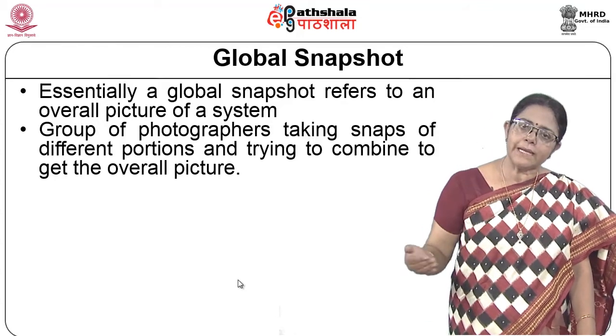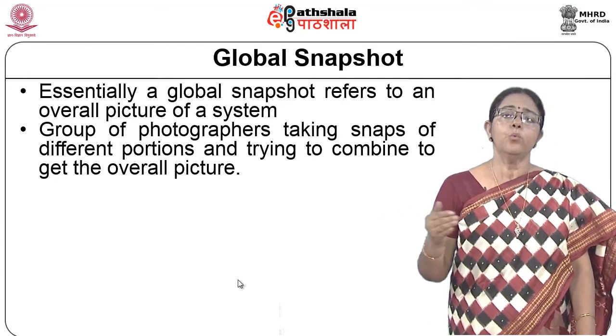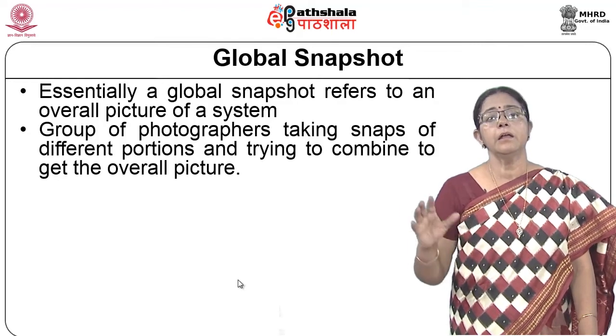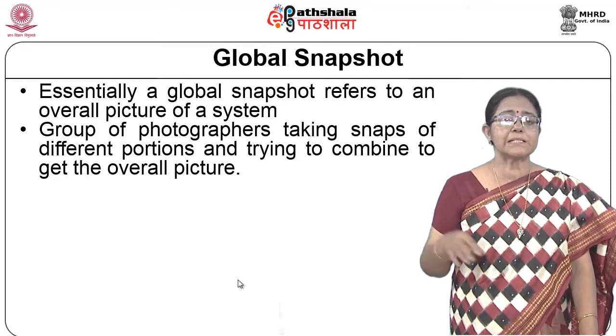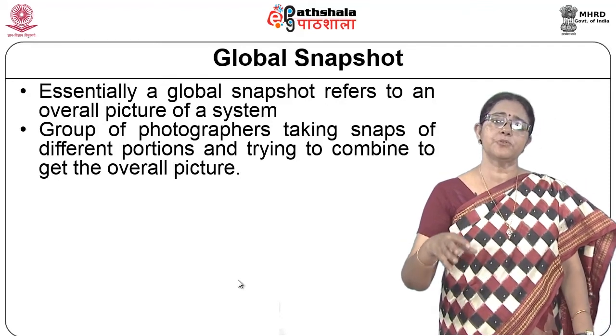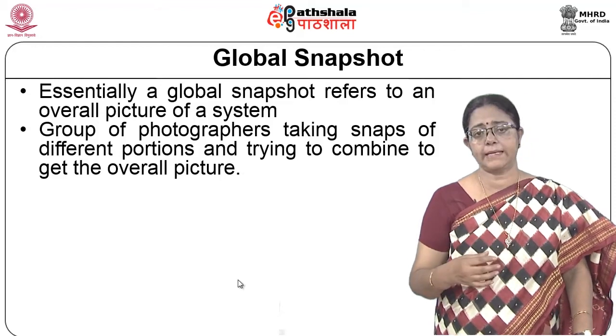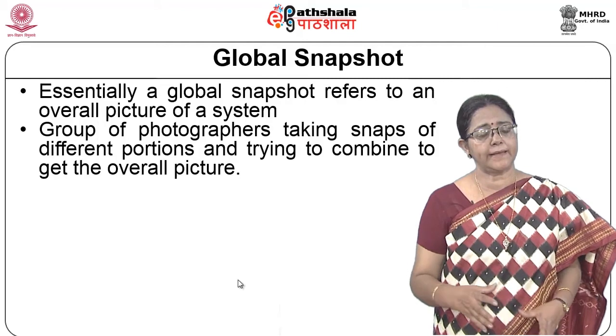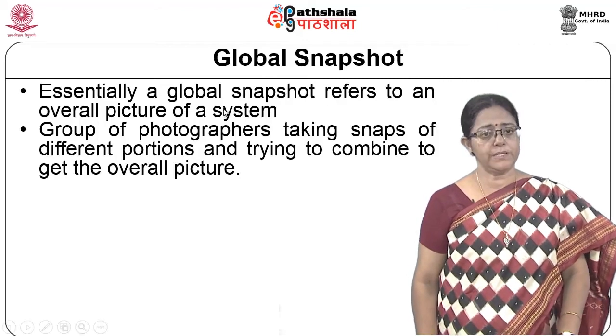We should continue doing the normal work without hampering it. These are called local snapshots: each process will take a snapshot of its own locality, and we should be able to put all these together and come up with a global snapshot.